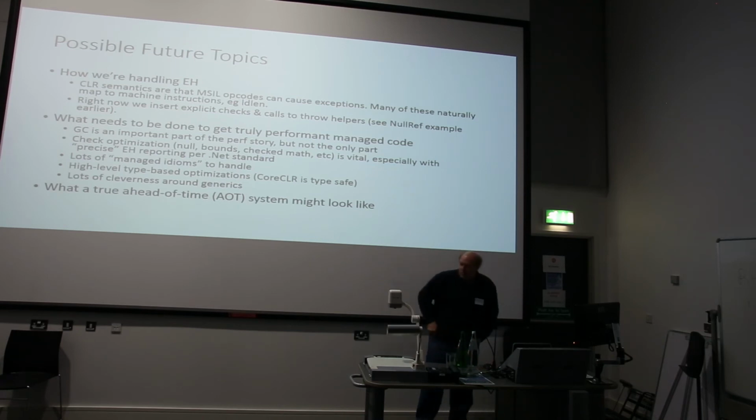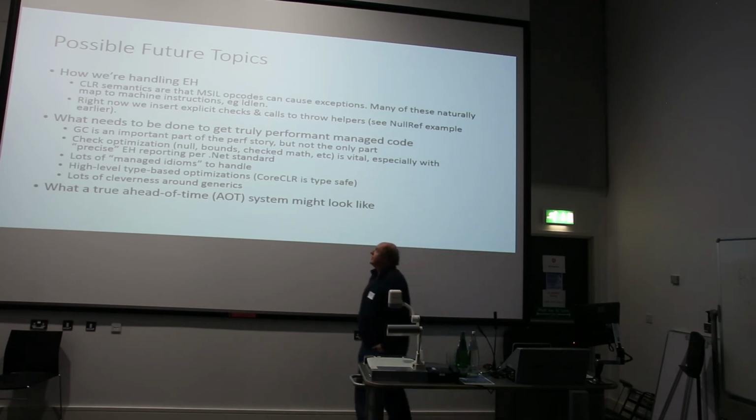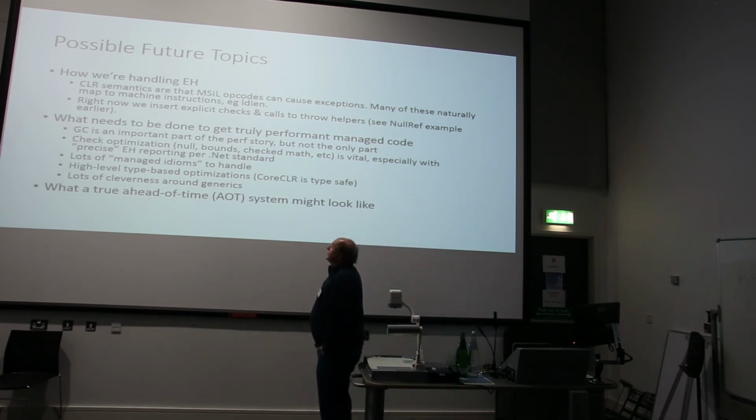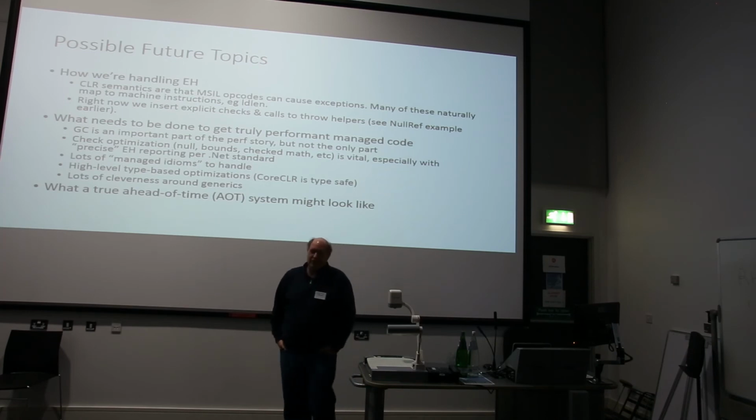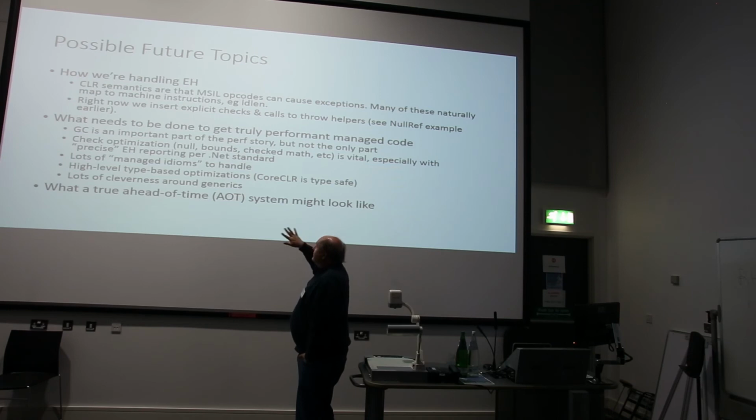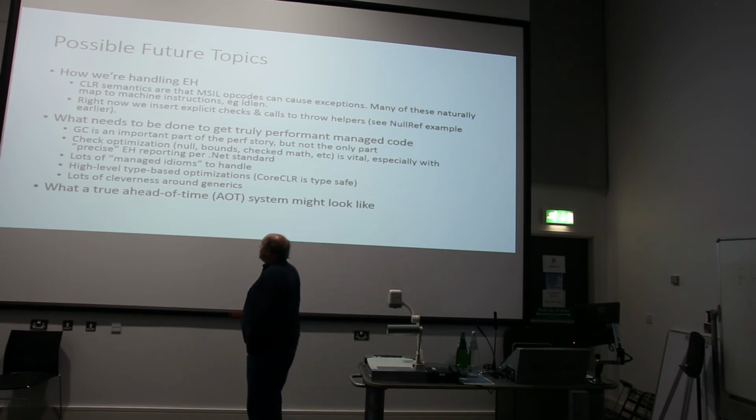So some things that we'll probably talk about in the future for EH. We talked about that we'd like to have instructions be able to raise semantically meaningful exceptions and have those participate in catches. We need to be able to push on the performance front. We're a couple months away from really thinking about that seriously.